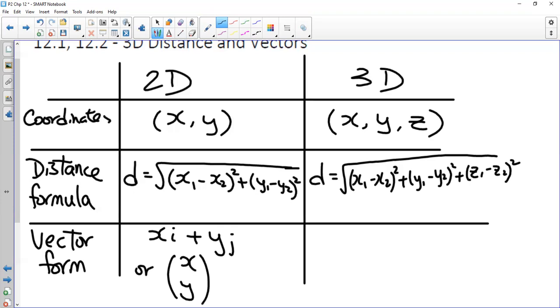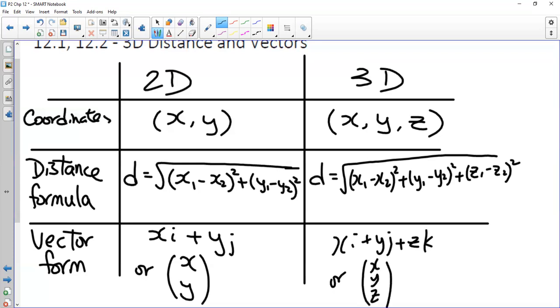We've done this a lot in mechanics, especially in the last part, chapter 8, when you need vectors to do any mechanics, the SUVAT equations. Vector form for 3D has x, y, and z, with i, j, and k. So xi plus yj plus zk. In column vector, it will be the same: x, y, z.